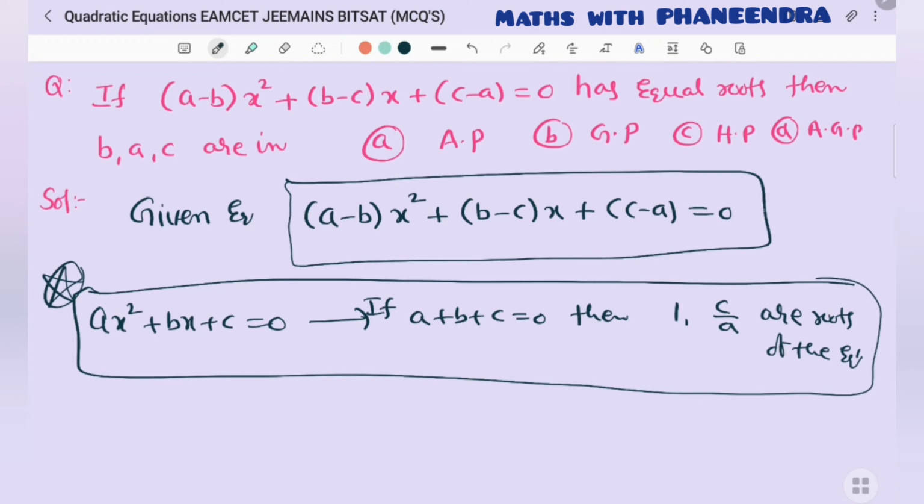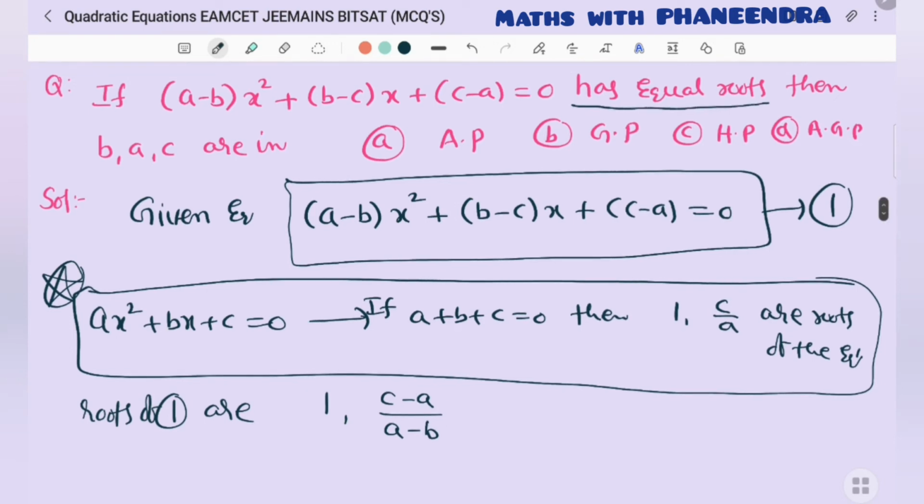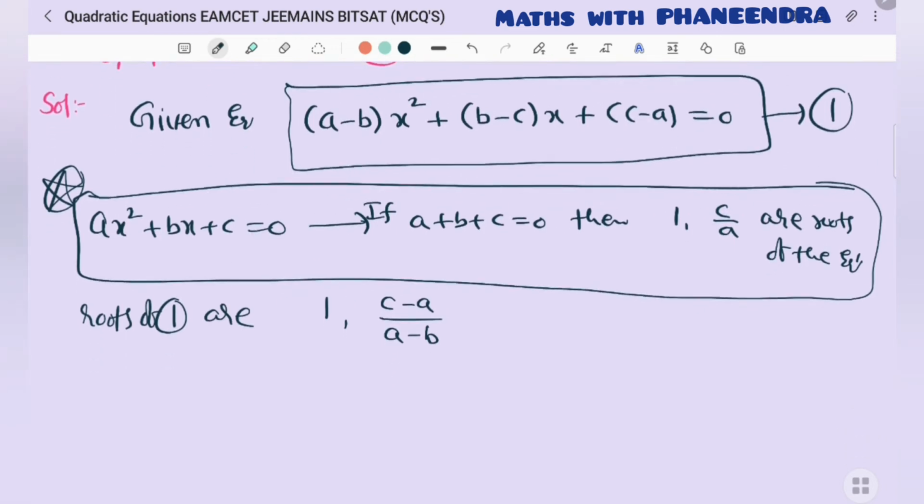So according to the given equation 1, the roots of equation 1 are 1 comma c by a, which means c minus a divided by a minus b. And one more condition is given: equation 1 has equal roots.